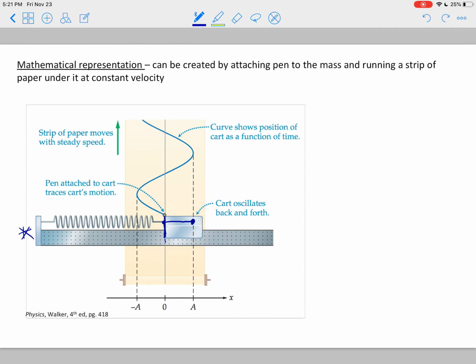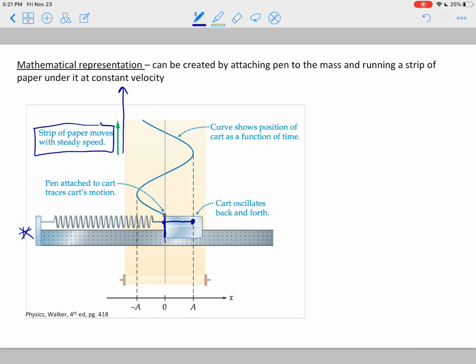Now, to keep track of that motion, we're going to imagine that perhaps we could take some paper underneath. Notice it says a strip of paper, and we've got an apparatus that just pulls the paper this way at a constant velocity.